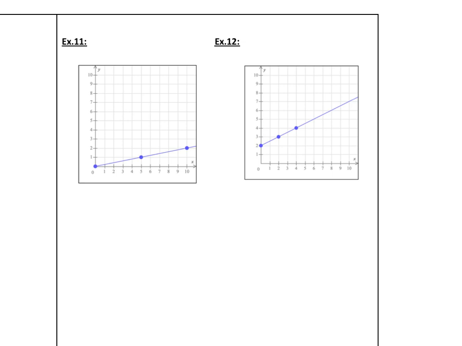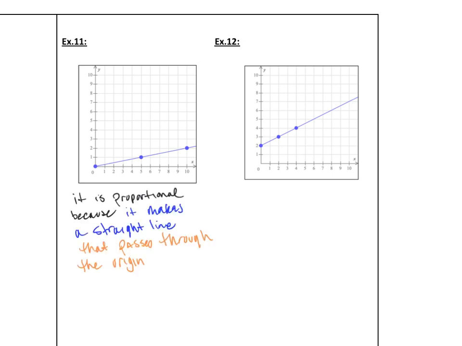So example 11 would be: it is proportional because it makes a straight line that passes through the origin.